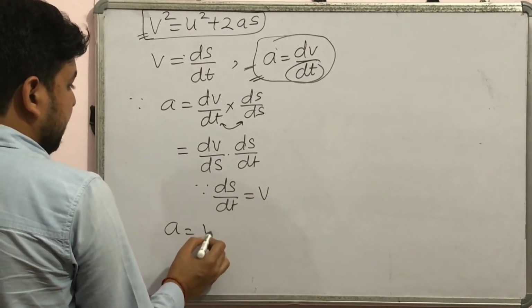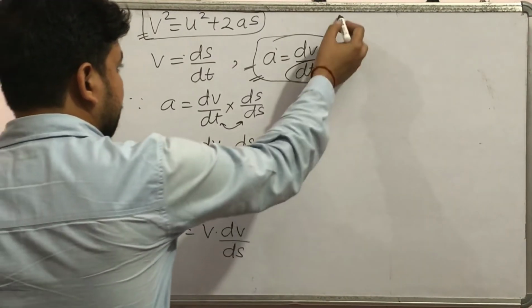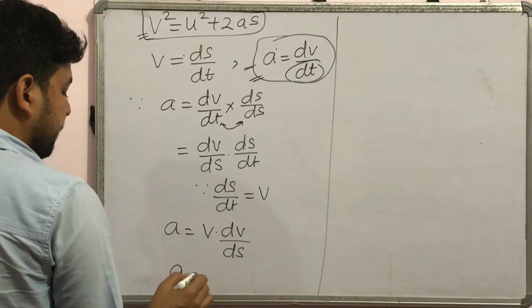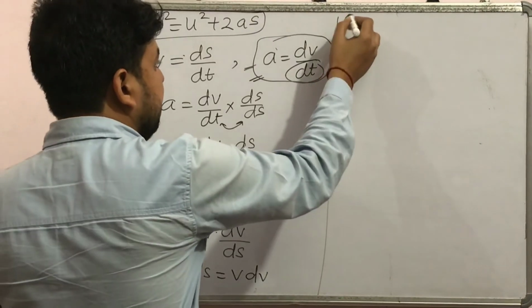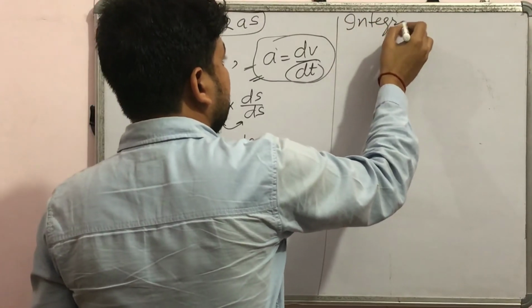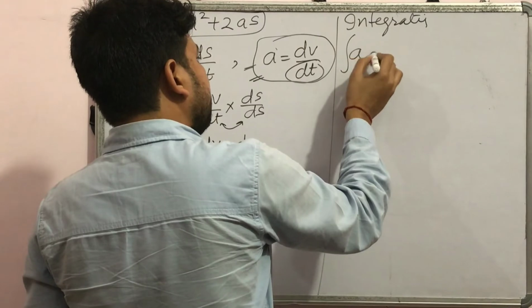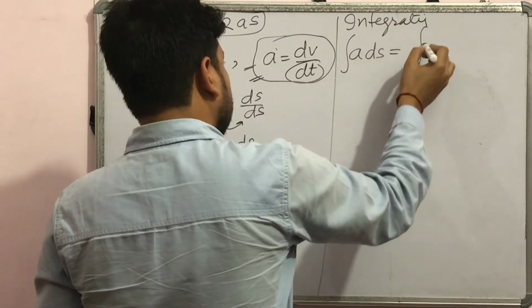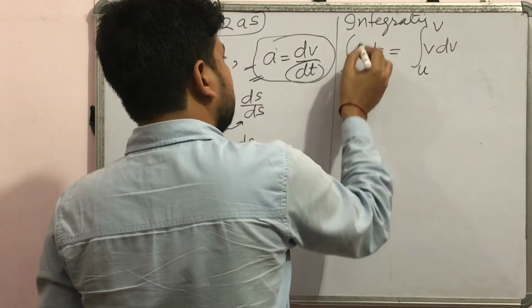So this will be a equals v dv over ds. That is a ds is v dv. Now again integrating it. Integration of a ds, integration of v dv, that is from u to v, that is from 0 to s.